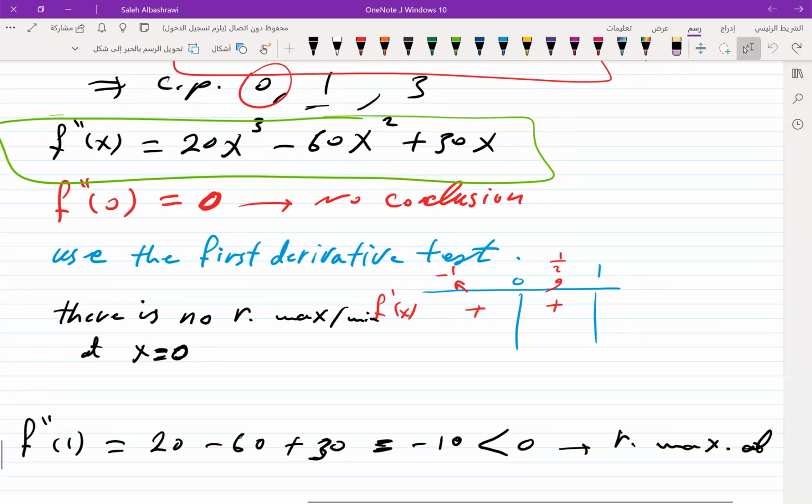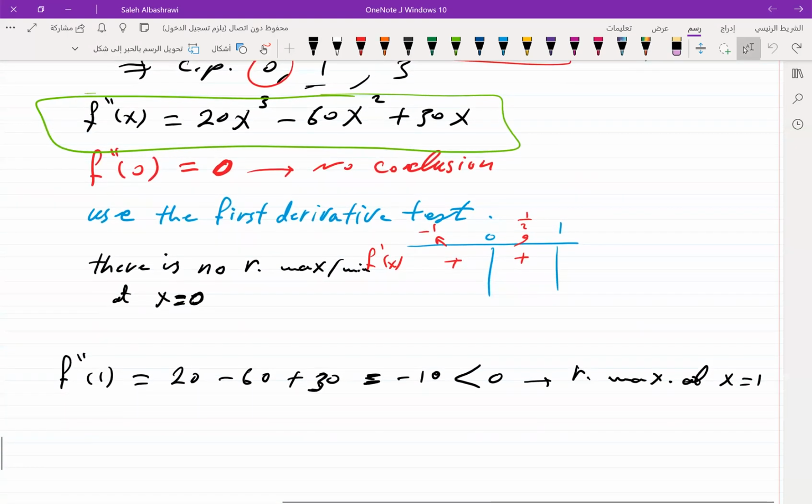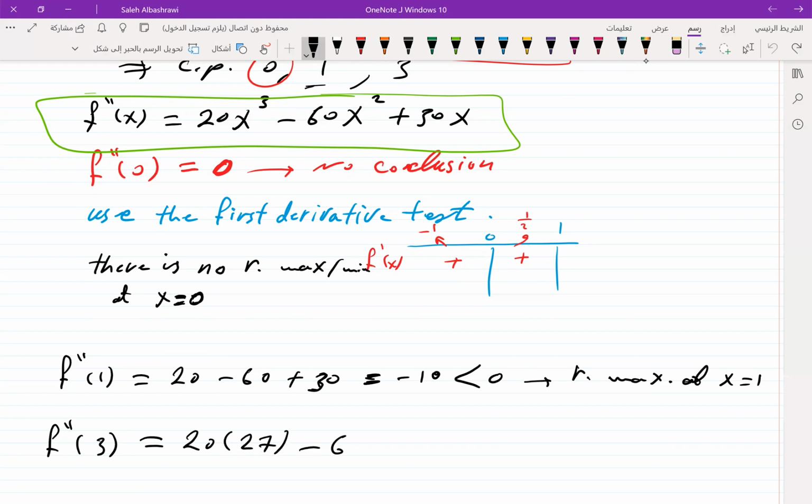Third critical point, second derivative f double prime at 3 is equal to 20 multiplied by 27 minus 60 multiplied by 9 plus 30 multiplied by 3. Replace x by 3 in the second derivative.